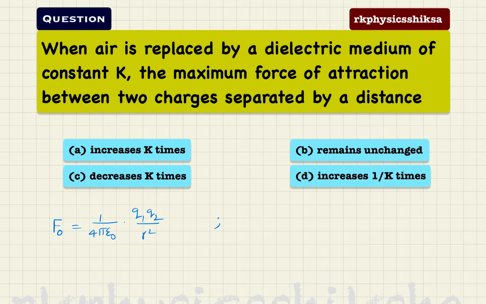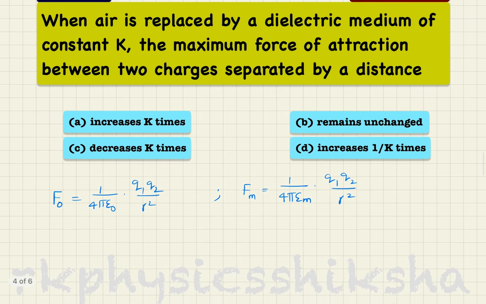And in the same case, what they are doing here is they are replacing the air with a dielectric of constant K. In that case, the force in that particular medium will be equal to 1 by 4 pi epsilon m into Q1 Q2 by R square.